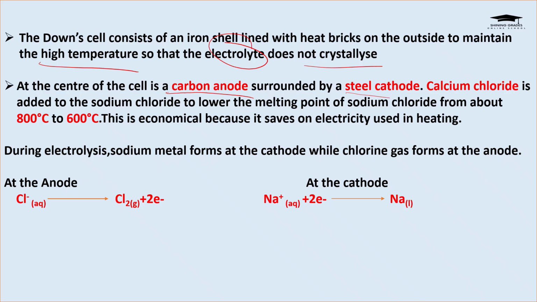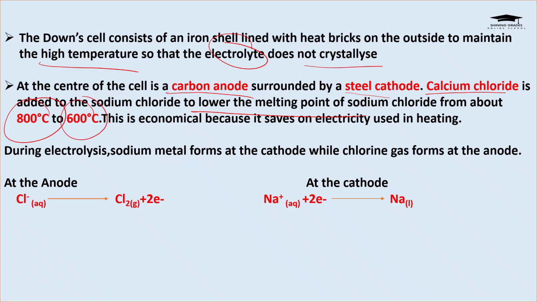We have also talked about the addition of calcium chloride to sodium chloride, which is done to lower the melting point of sodium chloride from about 800 degrees Celsius to 600 degrees Celsius.